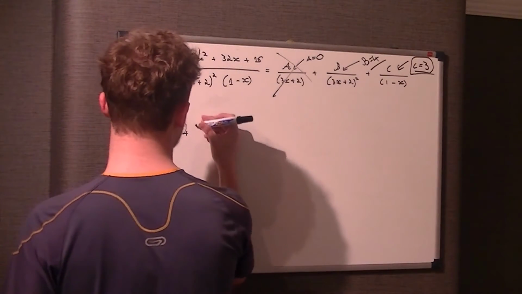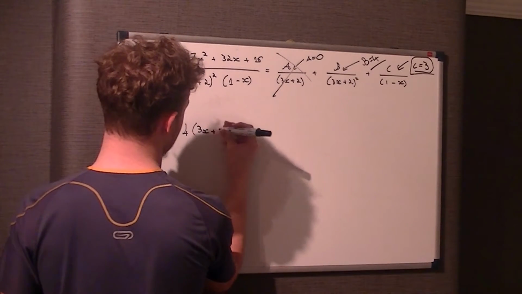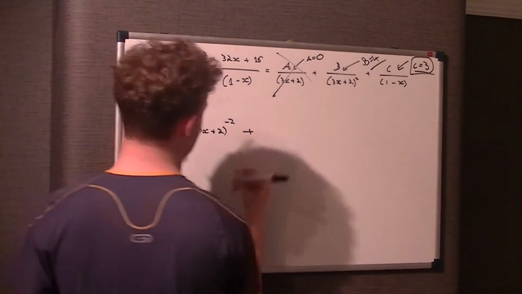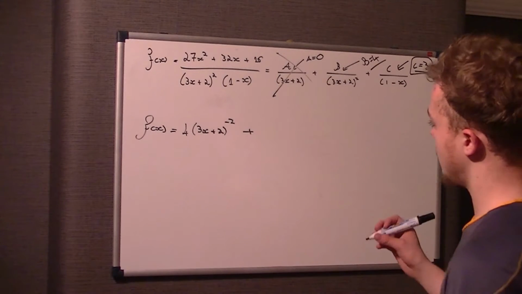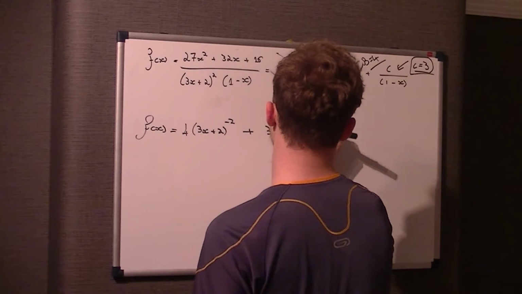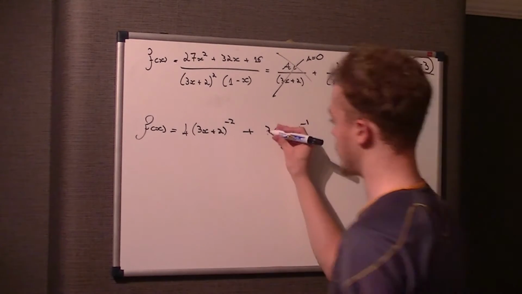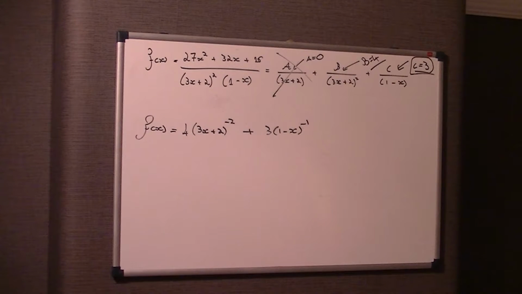Obviously this isn't going to strictly work, we're going to have to do some faffing around. 4 times (3x plus 2) all to the power of minus 2, because obviously we're bringing it up to the top, so we change the power to a negative. And then we had 3 times (1 take x) all to the power of negative 1. Now don't expand that, because you wouldn't use binomial expansion on that.